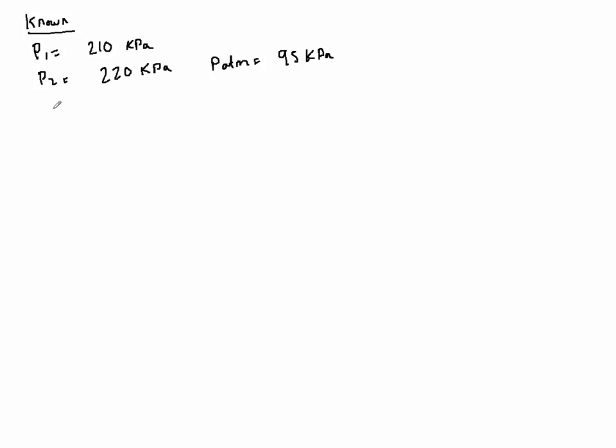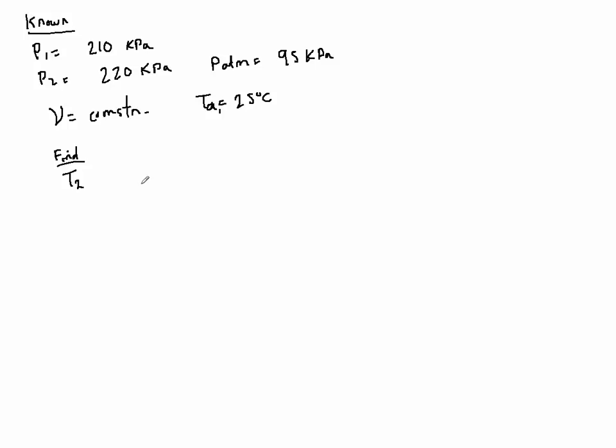We also know, according to the problem, that the volume is constant and that the air temperature at the beginning is equal to 25 Celsius. What we need to find is the temperature T2 of the air.